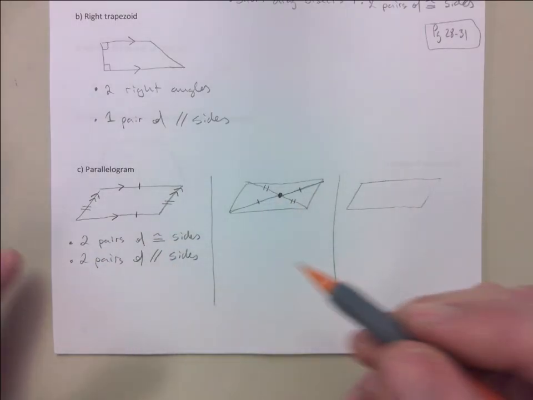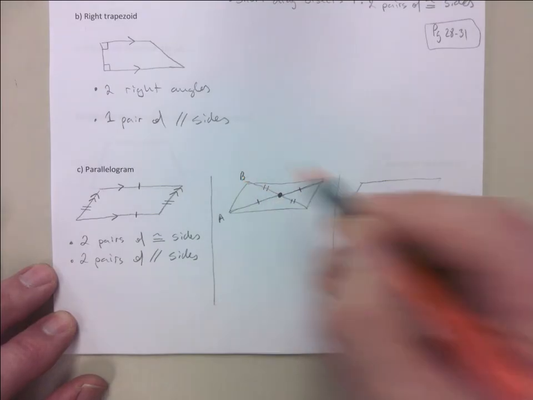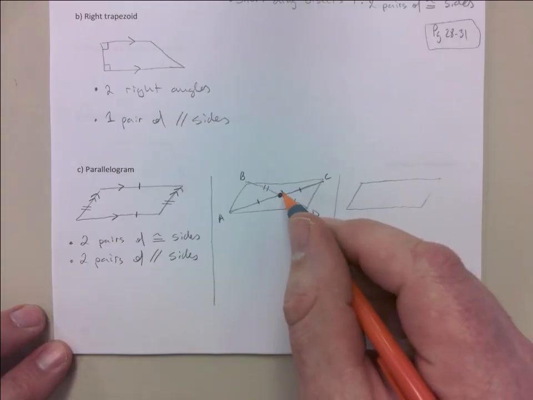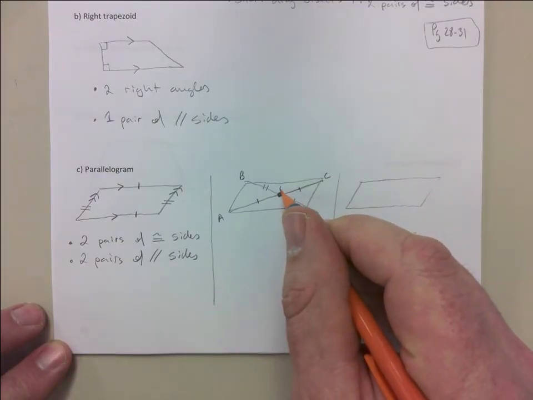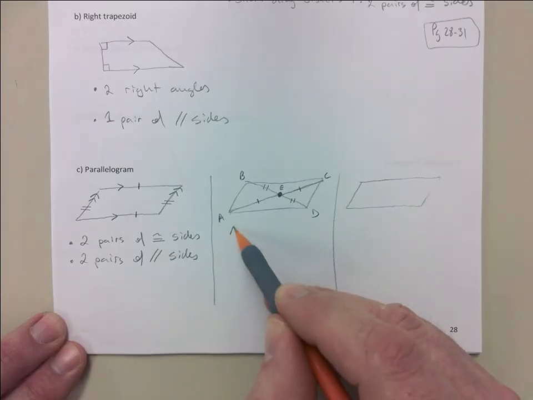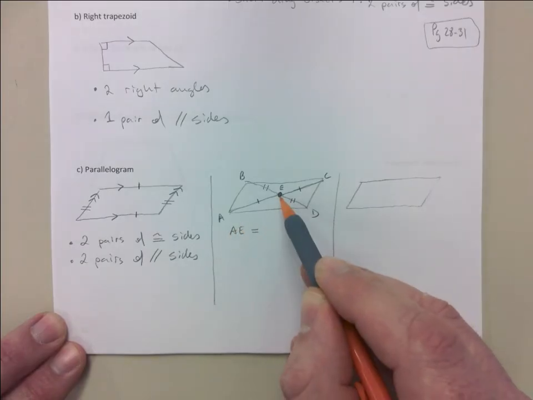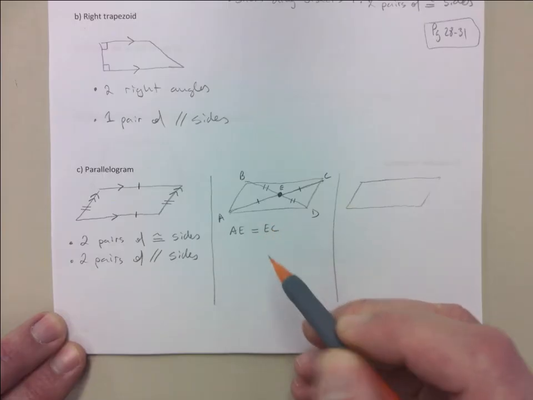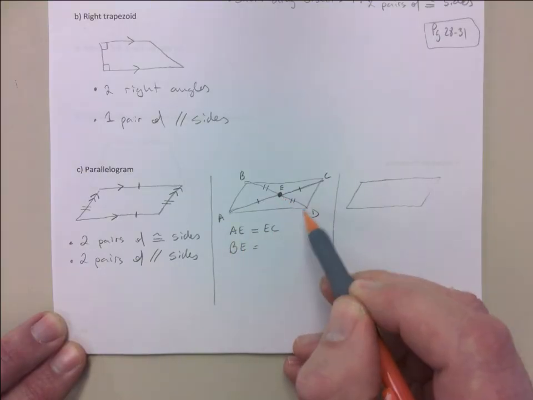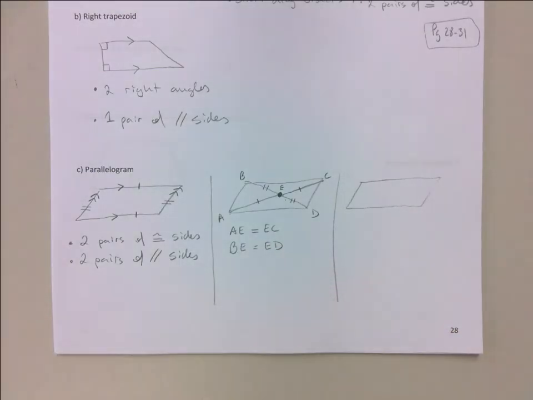And if you really want to make your point, if you go A, B, C, D, okay? If you don't understand what the markings are trying to say, let's call the center point E. What I'm saying is that AE is the same thing as EC. And that BE is the same thing as ED. You can get creative on how you want to express the properties.